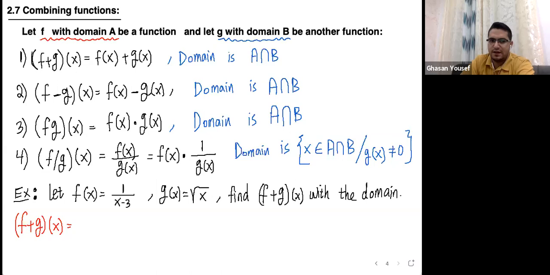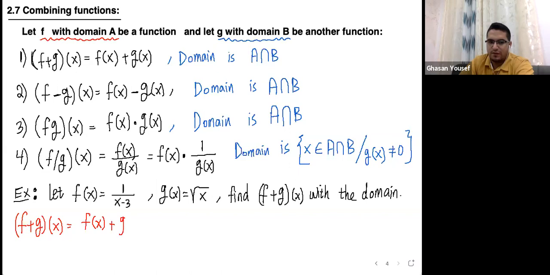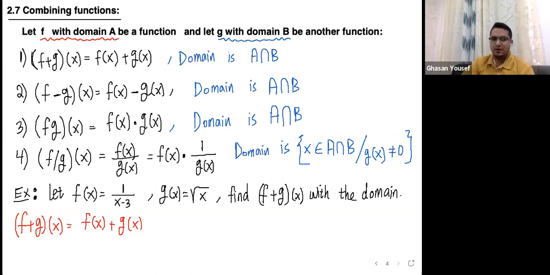As I see here, (f plus g)(x) equals f of x plus g of x. So my question is, yes, go ahead. Can you plug the function here?